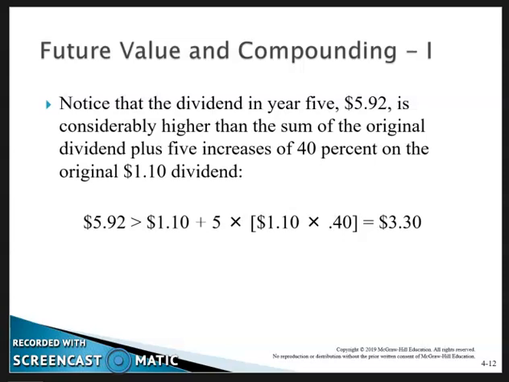We have the original dividend multiplied by 40%, and that occurs 5 times, and then we add our principal back. Without compounding, that is $3.30. So the benefit of compounding is the difference, $5.92 minus $3.30. We begin to see the importance of compounding.